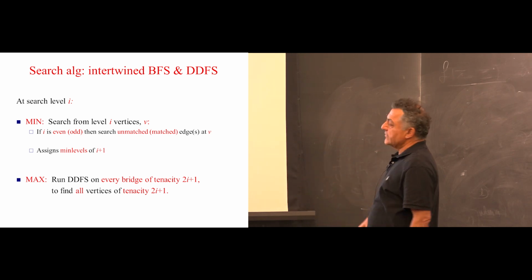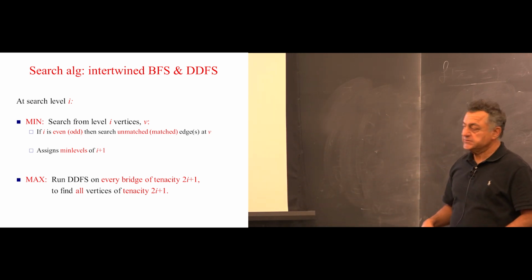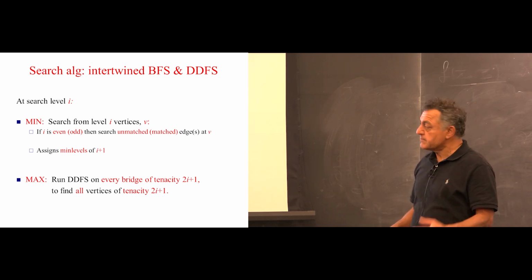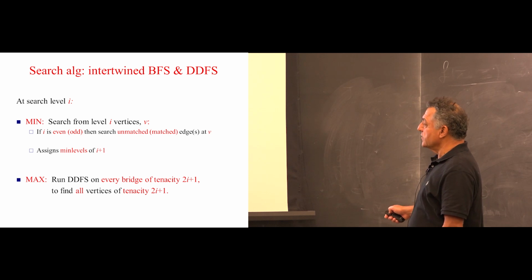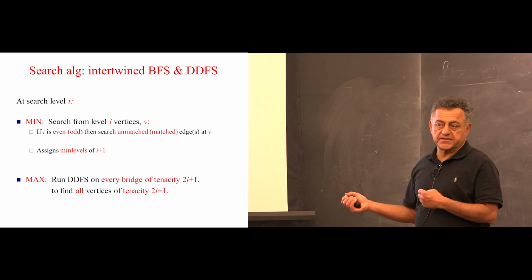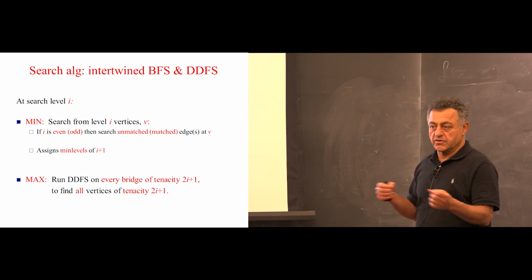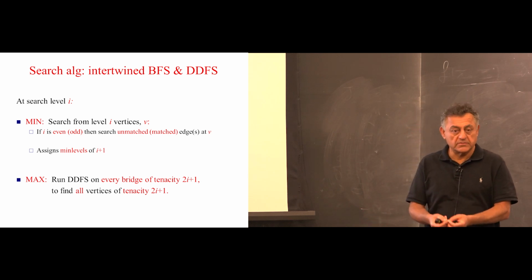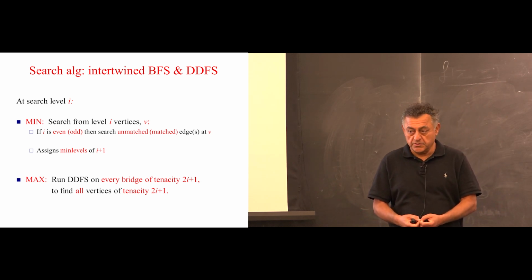The whole phase of finding these shortest paths is organized into search levels, which start at search level 0. And at search level i, you look from those vertices which have a level of i. If i is even, then it's the even level. If i is odd, this is the odd level. So for instance, when i is 0, you look from the unmatched vertices, which have even level of 0.